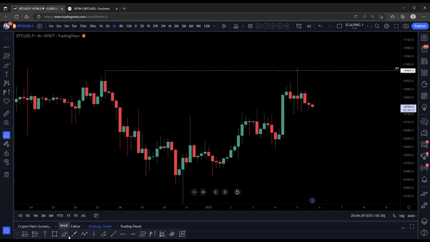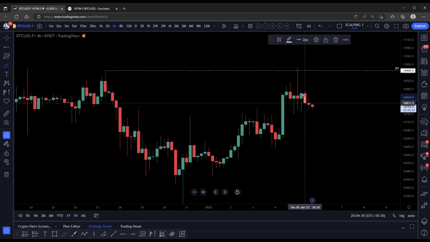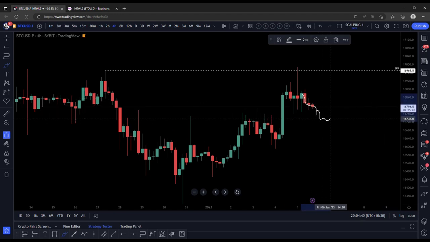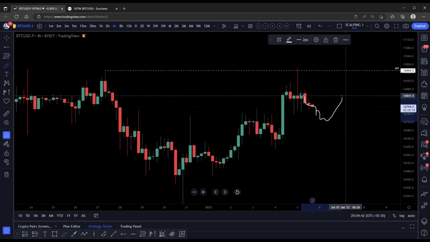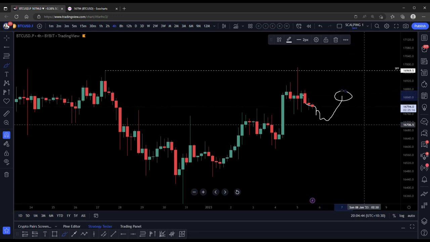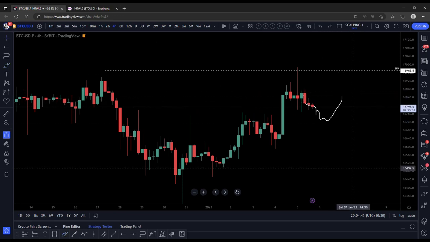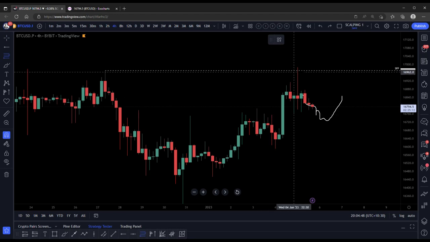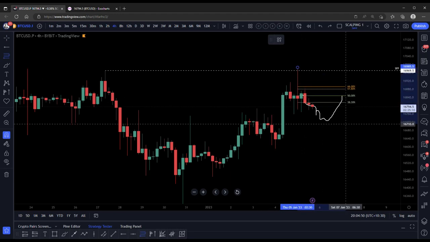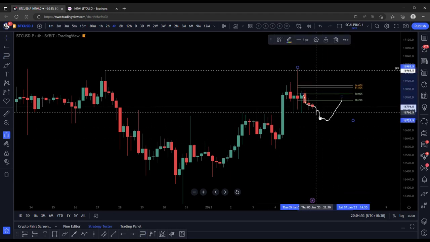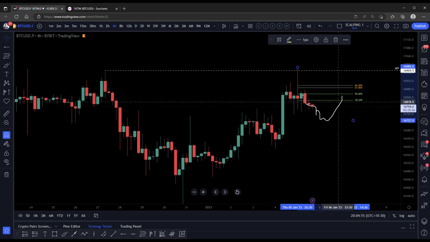I should have tried to find a different example, but I'm just doing this on the fly. So you want to see price coming down like this, and then you want to wait for that bounce. This is the entry, that's the safe entry. So say fib, move down, then we identify the bounce.